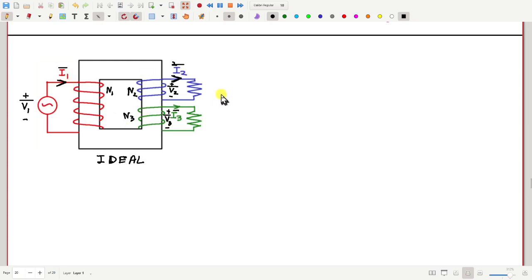This circuit is equivalent to the following one.